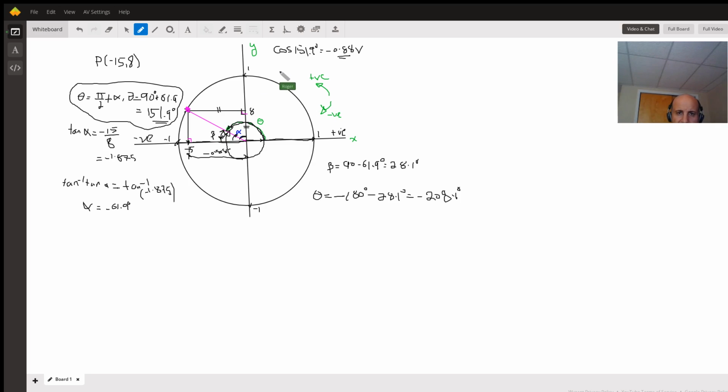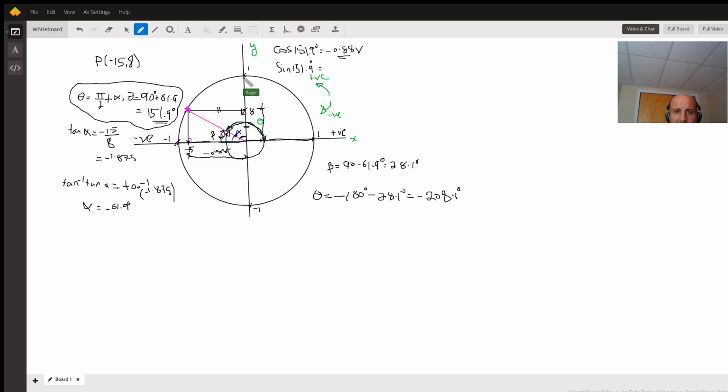How about the sine of that angle? Sine of 151.9. Well, the sine of the angle is nothing but the vertical projection over the y-axis. So the vertical projection of this line here, that line in magenta, over the vertical axis, it's actually this length here.